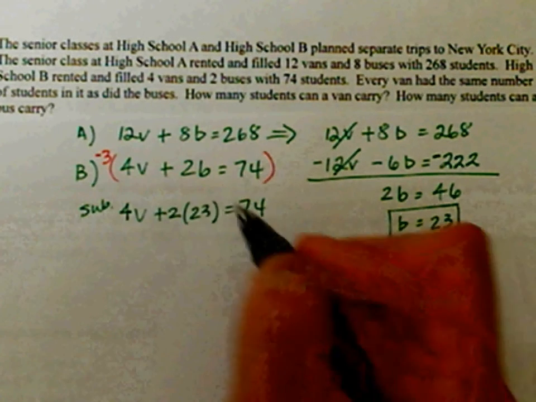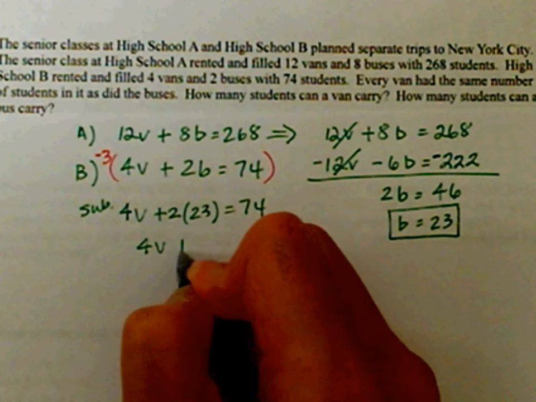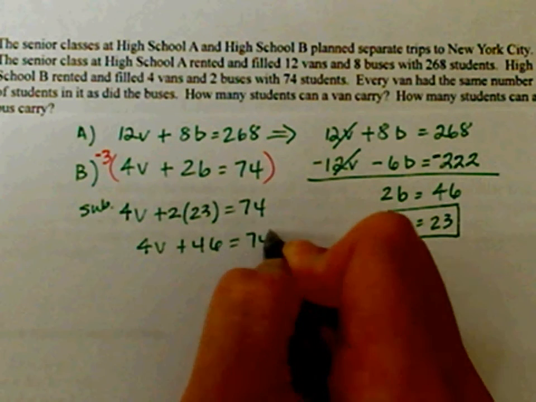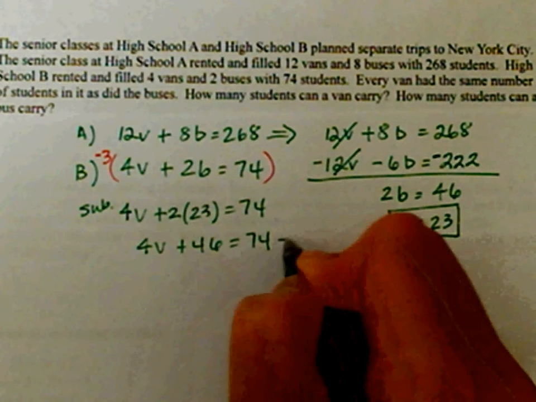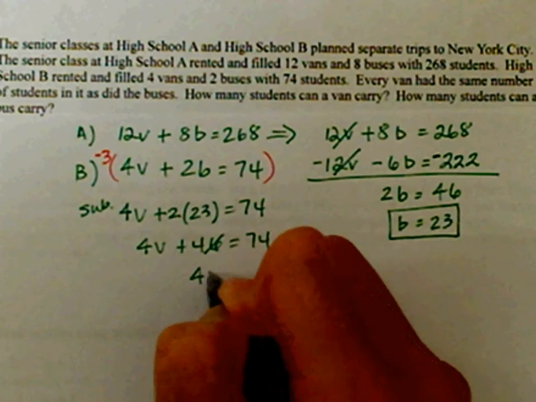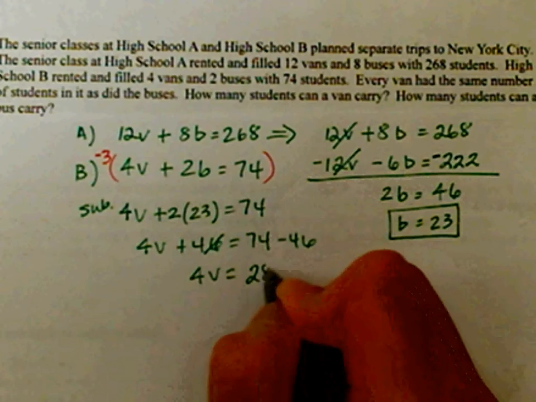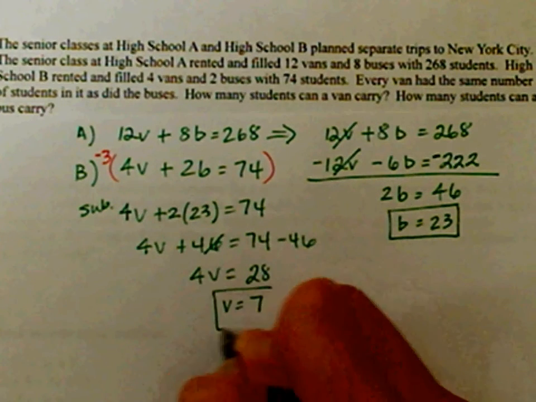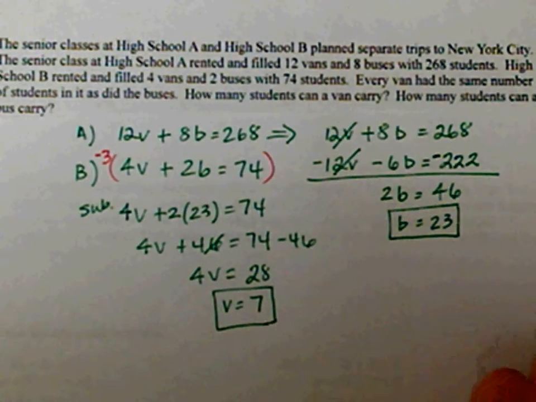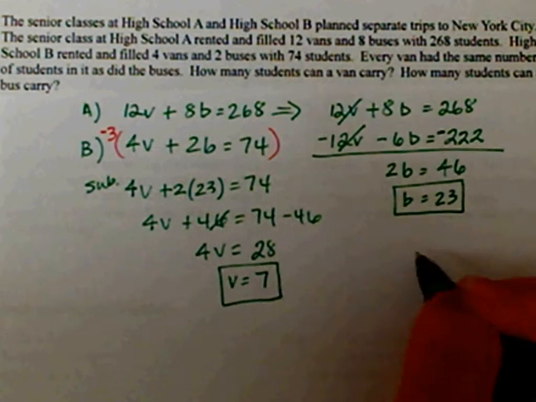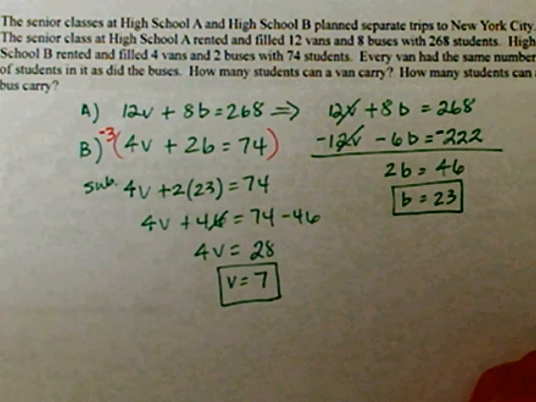Solve 4v plus 46 equals 74. Subtract 46. 4v is equal to 28. v is equal to 7. So there's 7 people for the van and 23 for the bus. And that's how you would use elimination.